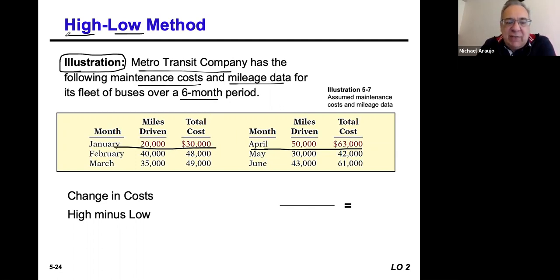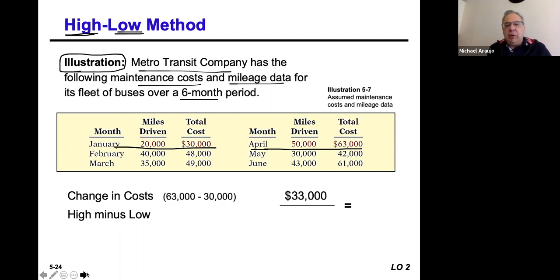So now that we've identified the high and the low, we'll look at the changes. The total cost in April was 63,000. That's the highest. The lowest cost was in January at 30,000. The difference is 33,000. The high amount of miles is 50,000 in April.